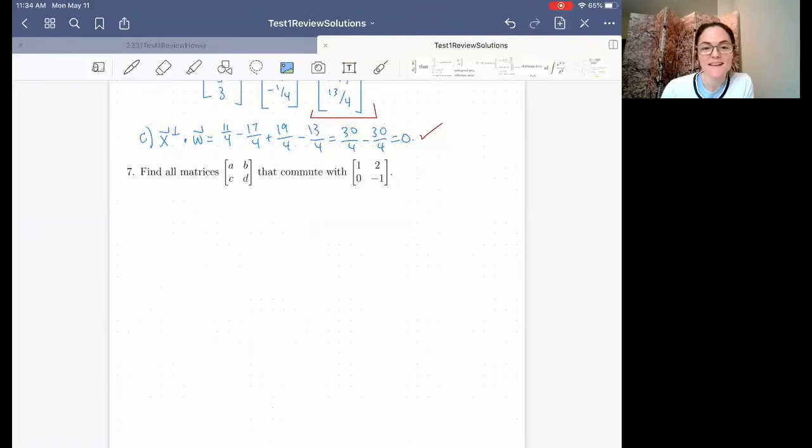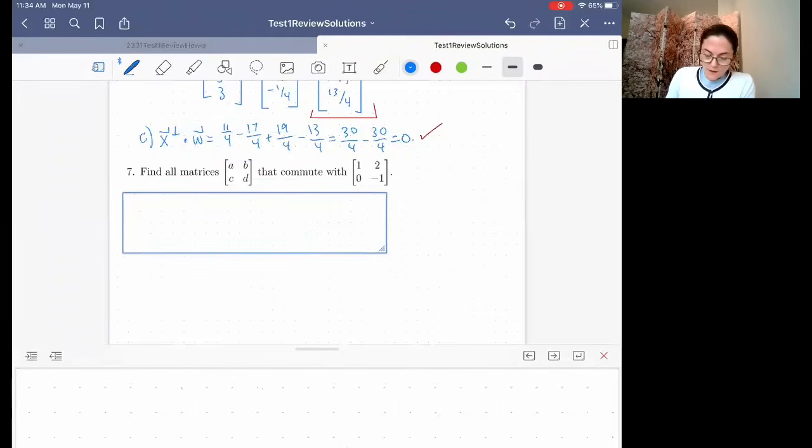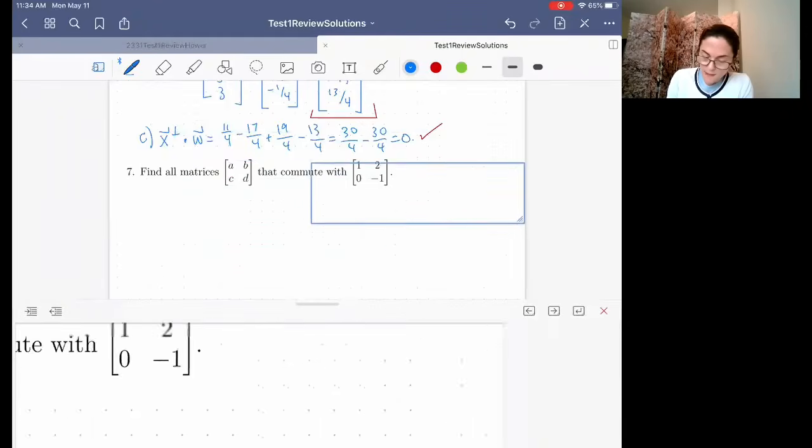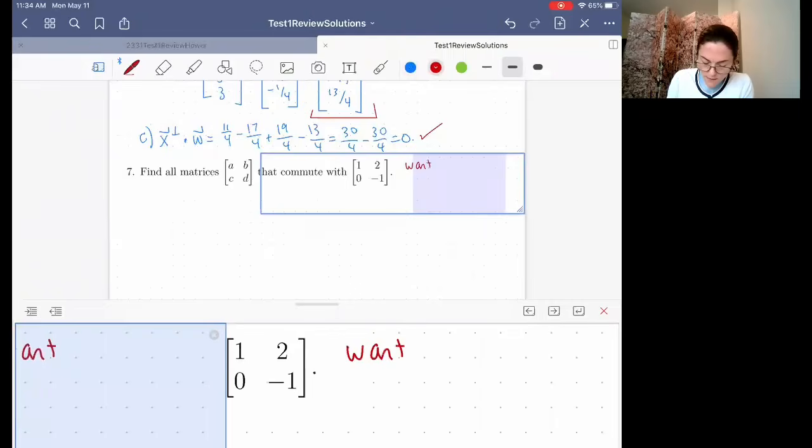Now number 7. Find all matrices that commute with this particular one. Okay, we had several like this in the homework, but this is a good exercise. And so let's do this one now. Commuting means the following. So what we want, maybe I'll write over here, let me label some things.